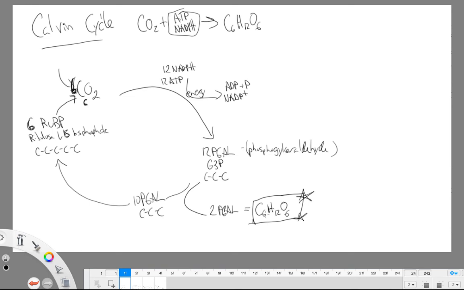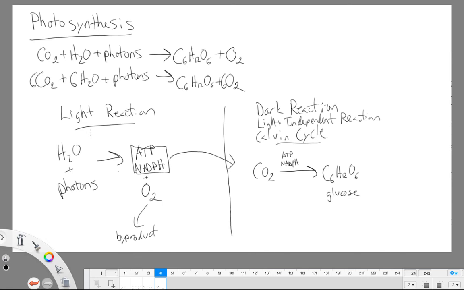So again, overview. If we're looking at this entire process of photosynthesis, we're taking carbon dioxide and water and energy from the sun, and we're creating a glucose molecule, and we're getting oxygen as the byproduct. And we have our light reaction, where we're really using that sun's energy to create this thing called ATP, which is the energy currency of the cell, as well as NADPH.